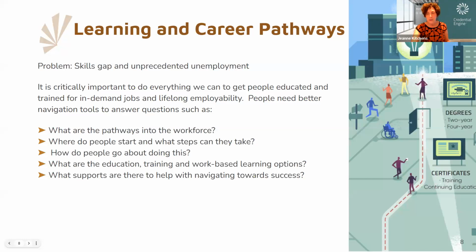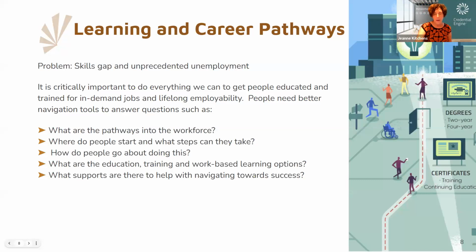There continues to be a skills gap in the American workforce between workers' competencies and the skills needed for the 21st century. It is critically important to do everything we can to get people everything they need to get educated and trained for in-demand jobs and for lifelong employability.